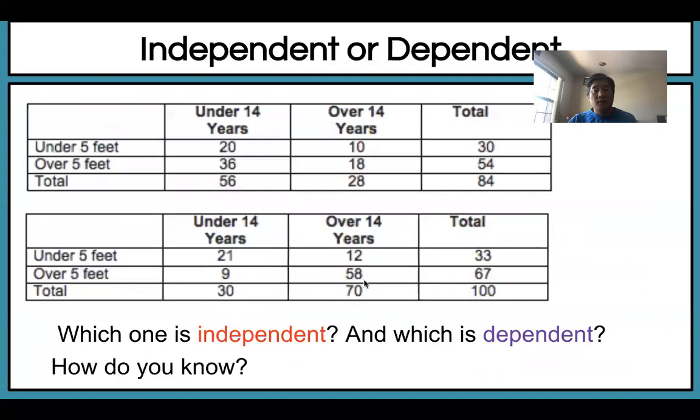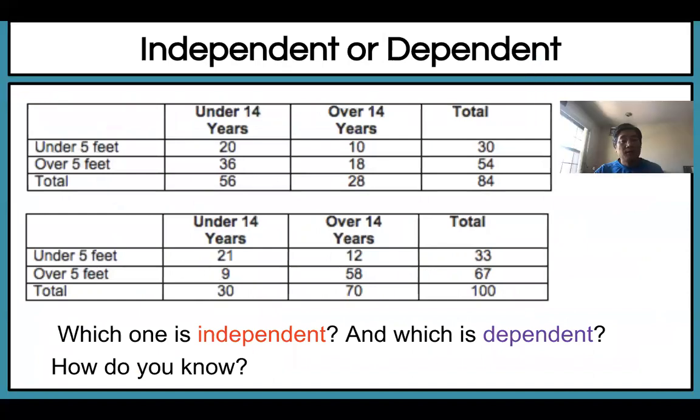Let's see with an example. You have these two examples. Without calculation, just by looking at it, you can determine whether this is dependent or independent. How?